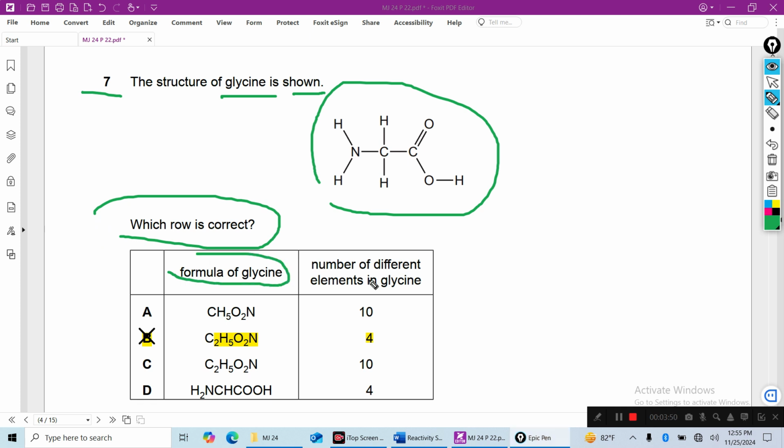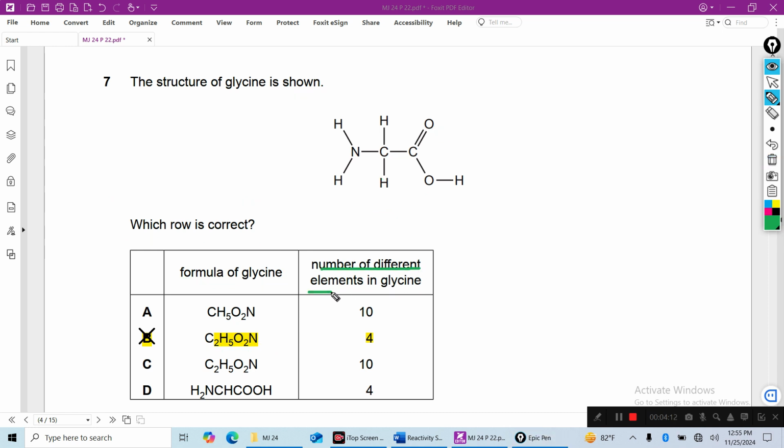The formula of glycine and the number of different elements in glycine: carbon 2, hydrogen 5, oxygen 2, nitrogen 1. There are 4 different elements in glycine: carbon, hydrogen, oxygen and nitrogen.